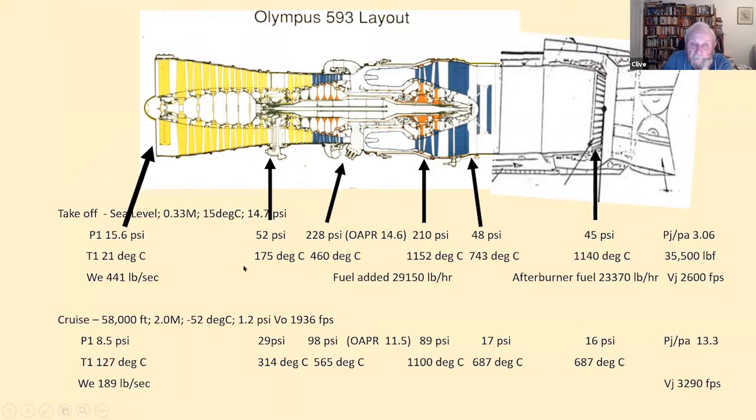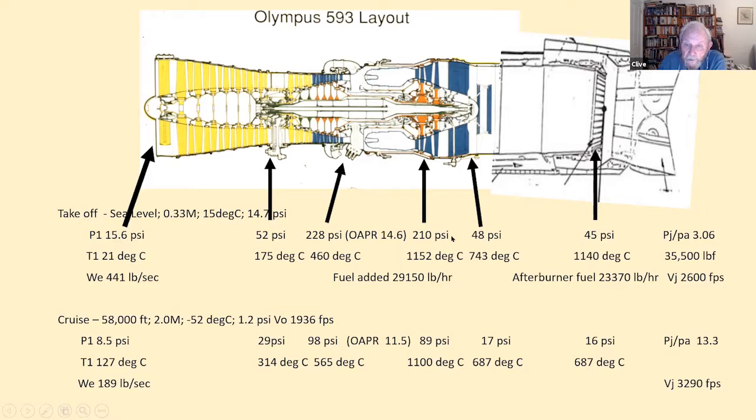And the point about that is when you get air entering the engine at a high stagnation temperature, which is what you get when you're at Mach 2, by the time you've increased the pressure ratio through the compressors, you've increased the temperature of the air quite substantially, gone up from about 127 degrees centigrade to about 560.